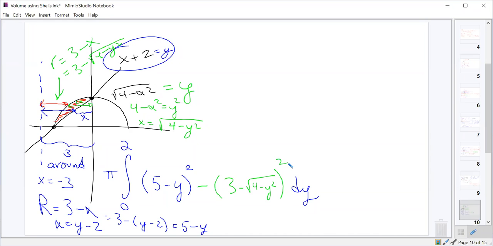And did anybody evaluate that in their calculator? 8.592. Anybody else agree with that? 8.592?